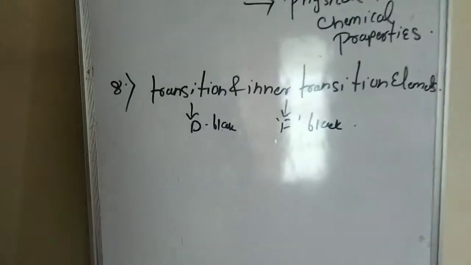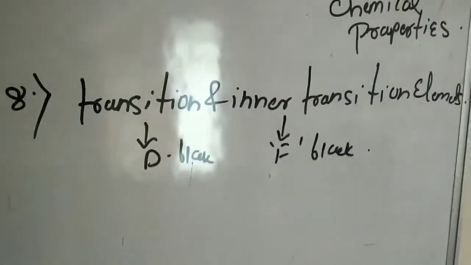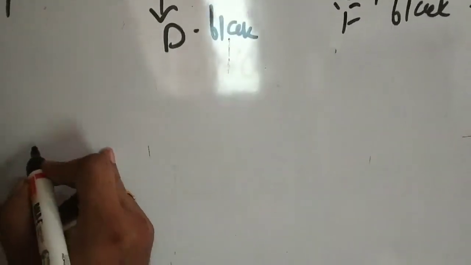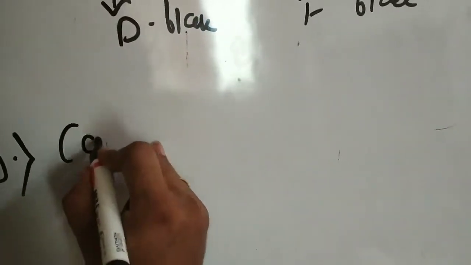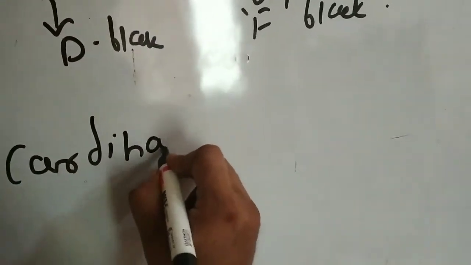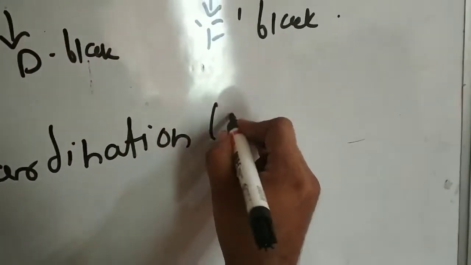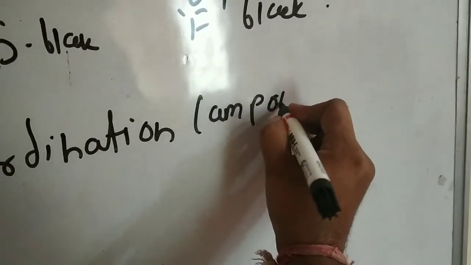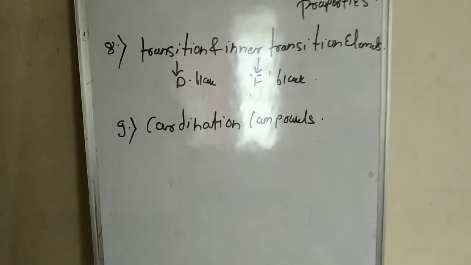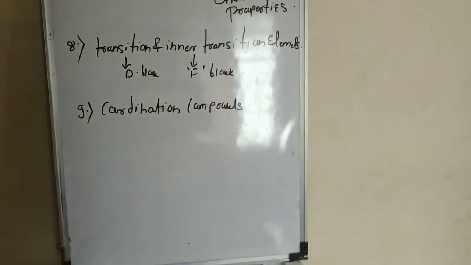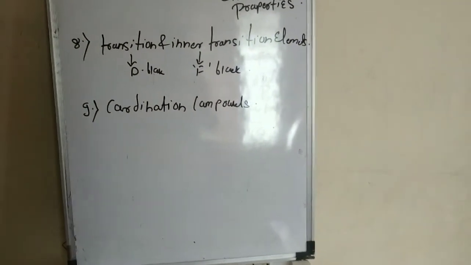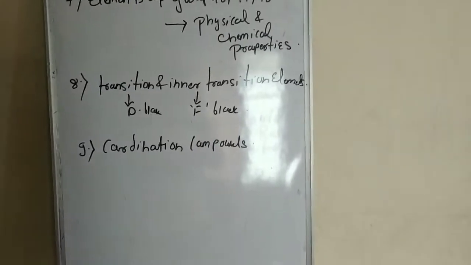Okay, then coming to the next chapter, chapter number 9, coordination compounds. Okay, so this particular chapter is a new introduction. You have not learned it earlier in your 11th standard.